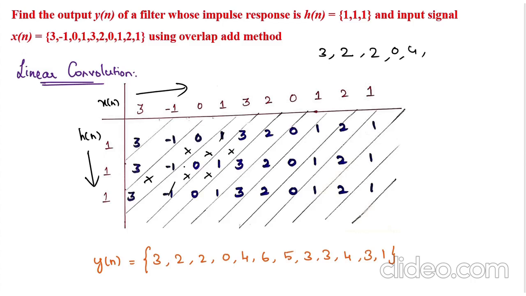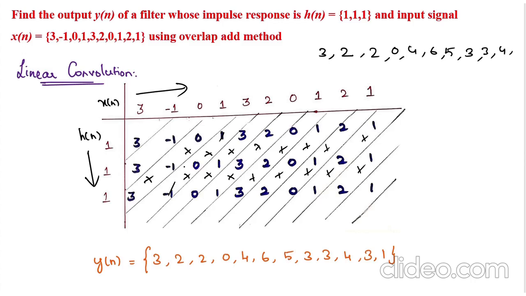That is 4. Here, this is not multiplication, this is addition. Please ensure this. 1 plus 3 plus 2 is 6 here. 3 plus 2 plus 0 is 5. 2 plus 0 plus 1 is 3. 0 plus 1 plus 2 is 3. 1 plus 2 plus 1 is 4.